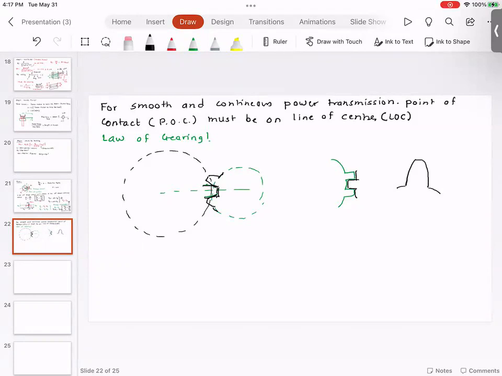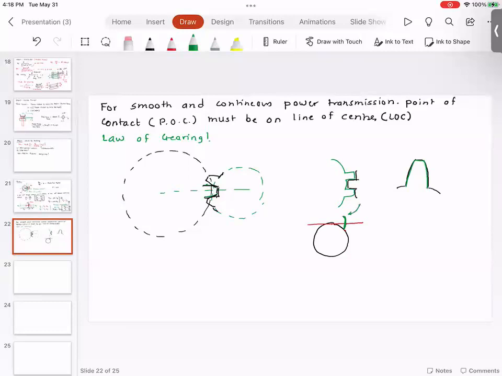In other words, if you look at the kinematics of how the whole geometry works, this can be visualized as if you have a circle, and you have a line rolling on this circle. So the shape that is traced by a point on the line is similar to the shape that you need on the tooth for smooth power transmission.